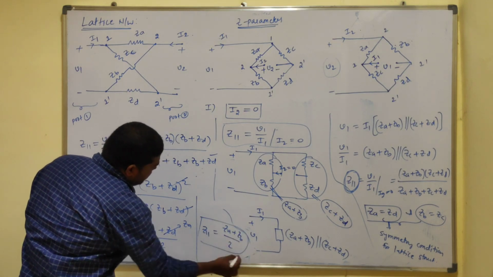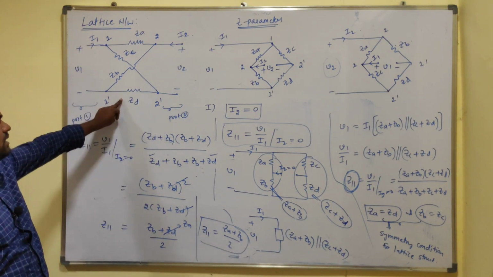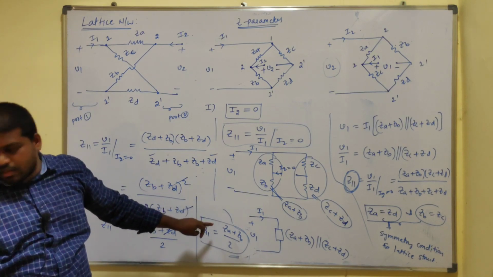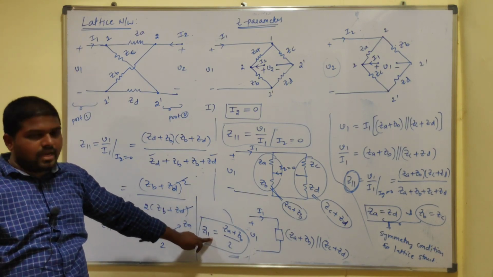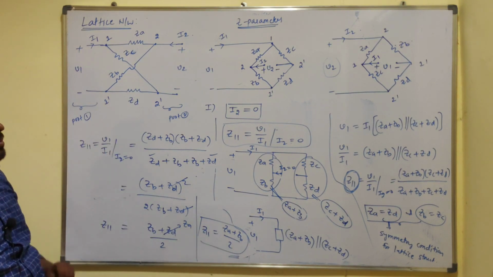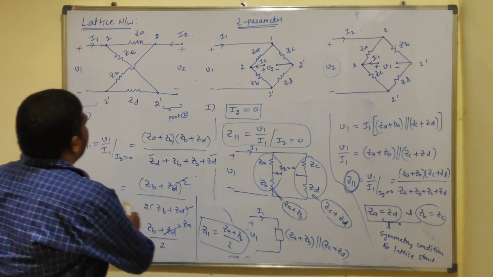This is your Z11 parameter for the given lattice structure, while applying the symmetry condition here, right? So this is the Z11 parameter. Next one, I will remove this structure.